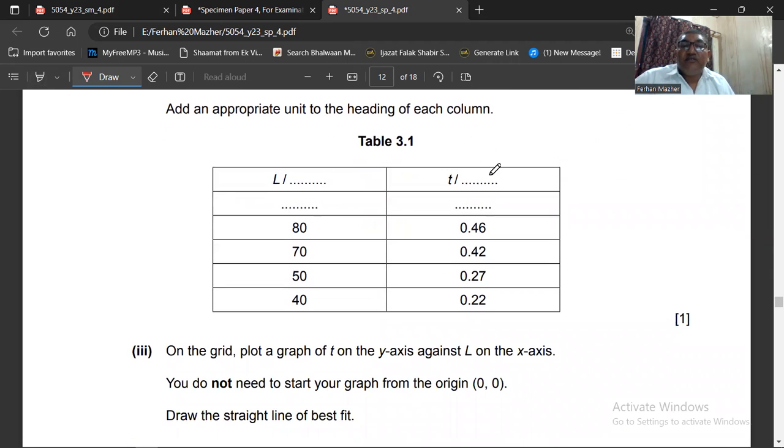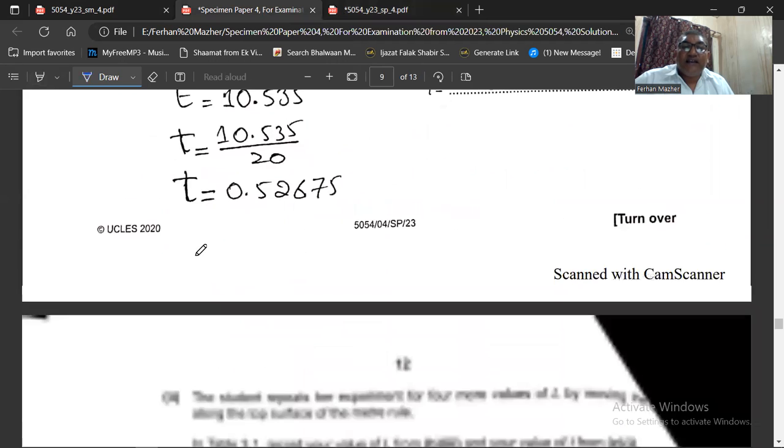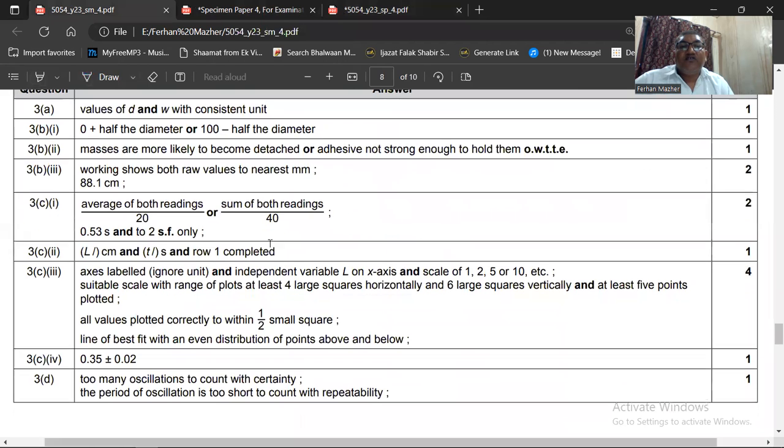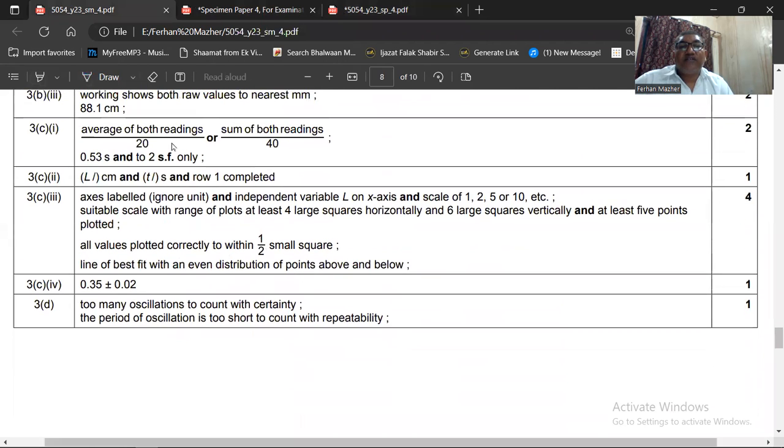The length is in centimeters, the time is in seconds, and here we will write the L value and the T value. We have done that. And here we go, the L value is 88.1 centimeters and the time for one oscillation is 0.53 seconds. So this is the marking scheme showing up.